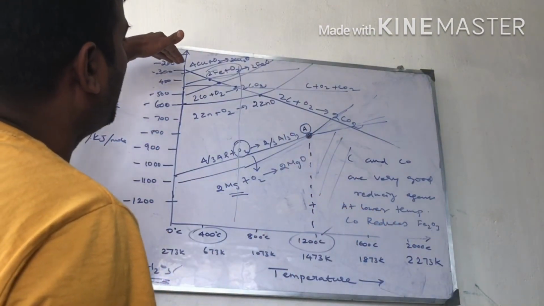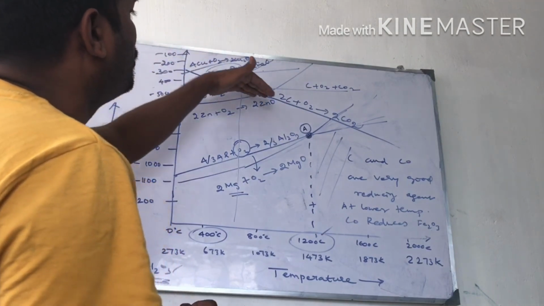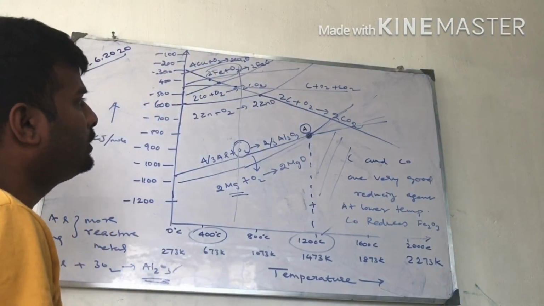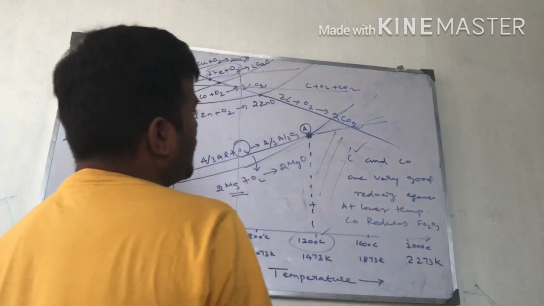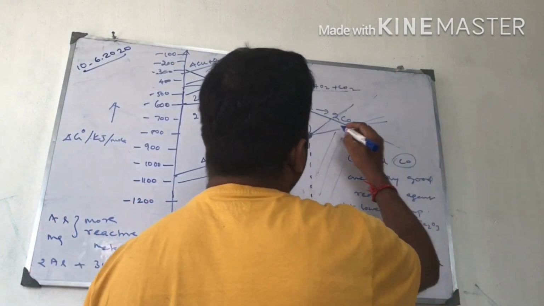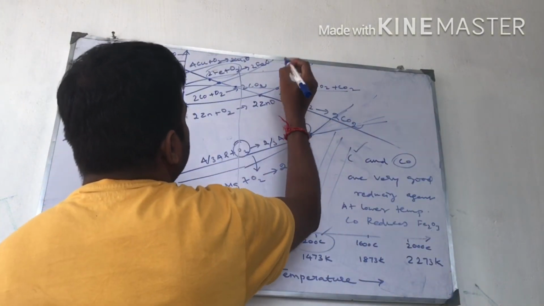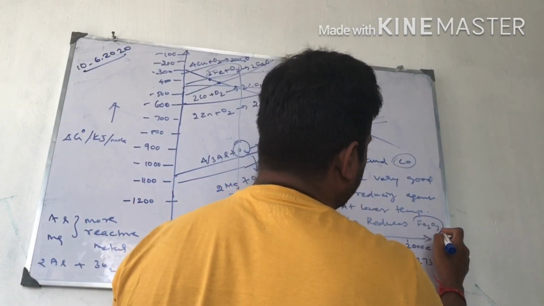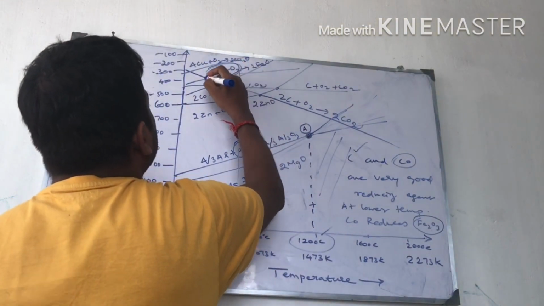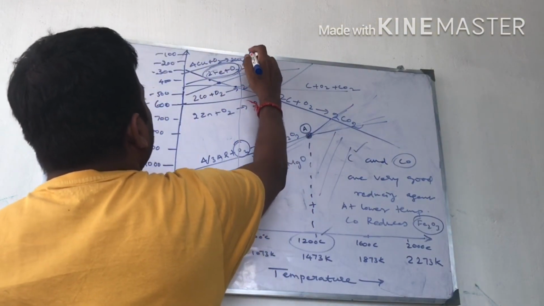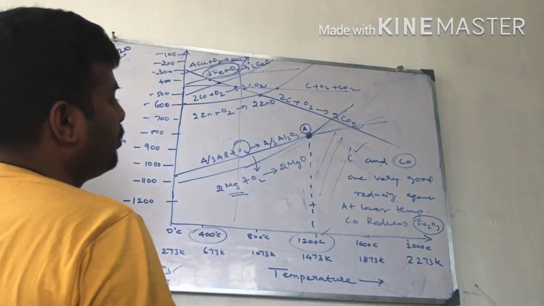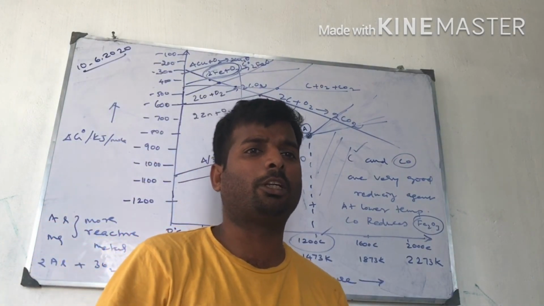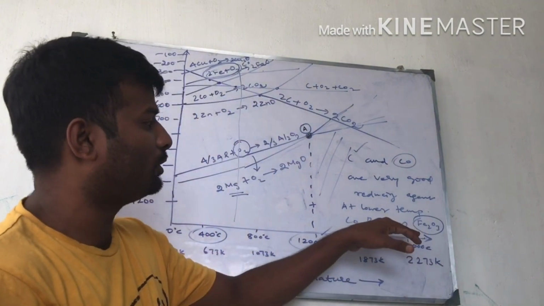Then at the top of the diagram, the carbon line cuts many metal oxides, so carbon is a very good reducing agent, and carbon monoxide is also a very good reducing agent. At low temperature, carbon monoxide reduces iron oxide. We have to see this in the metallurgy of iron, hematite ore, by the smelting process. We will see that in detail.